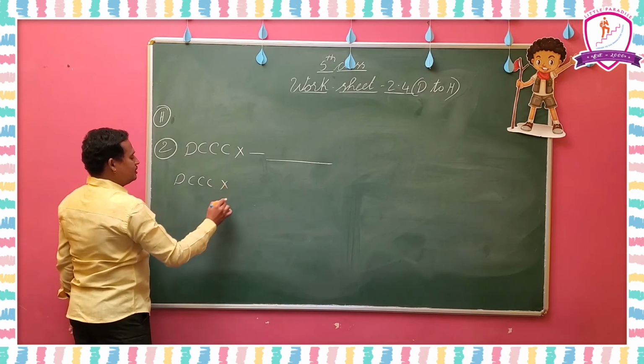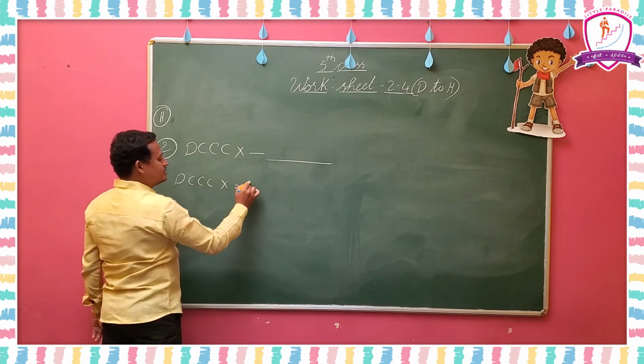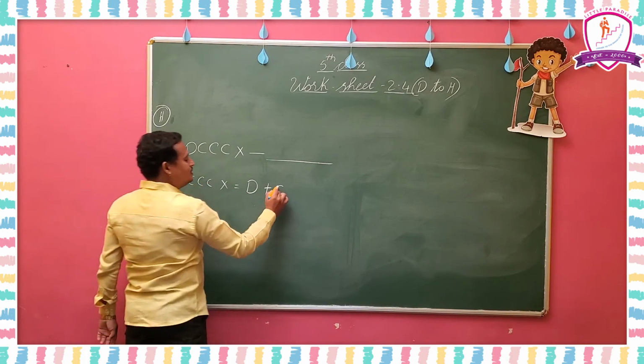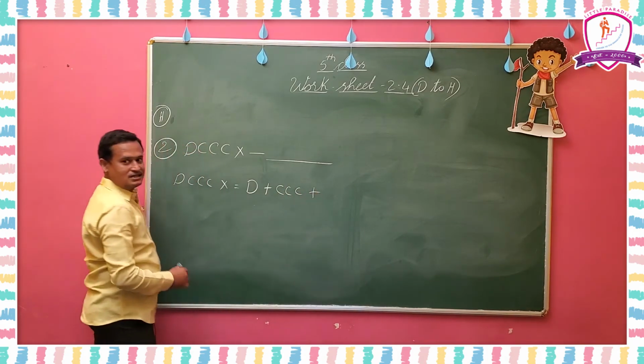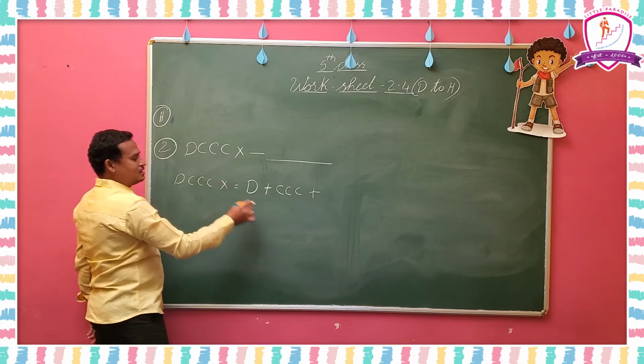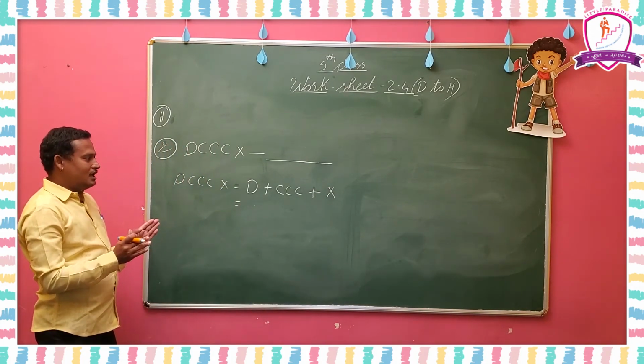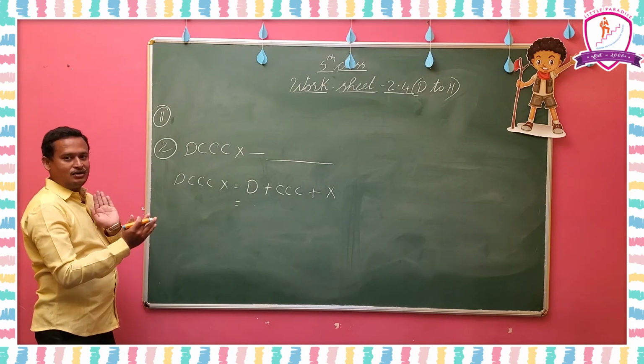So D, C, C, C, X. We can write D separately, and 3 C's are there, so you can write the 3 C's together with a plus, and X separately. Separate the symbols: like symbols you can write as a group.